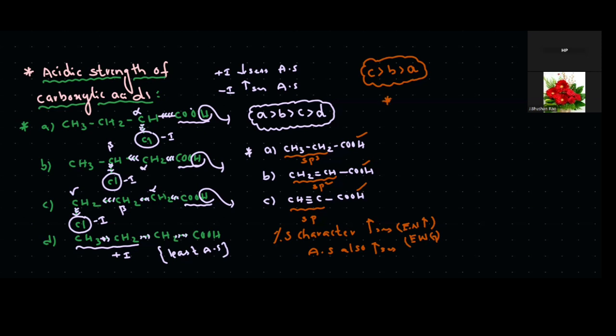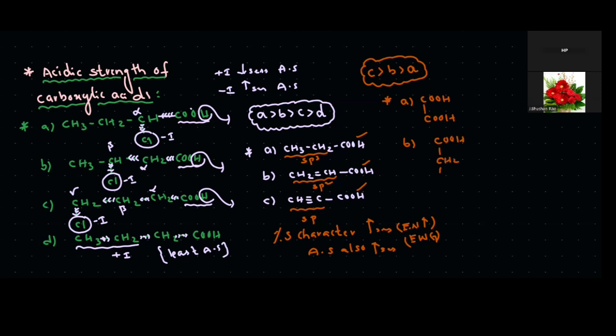Okay, next one. Another example. A is COOH bond COOH. This one is called oxalic acid. Next, the second one is COOH bond CH2 bond COOH.